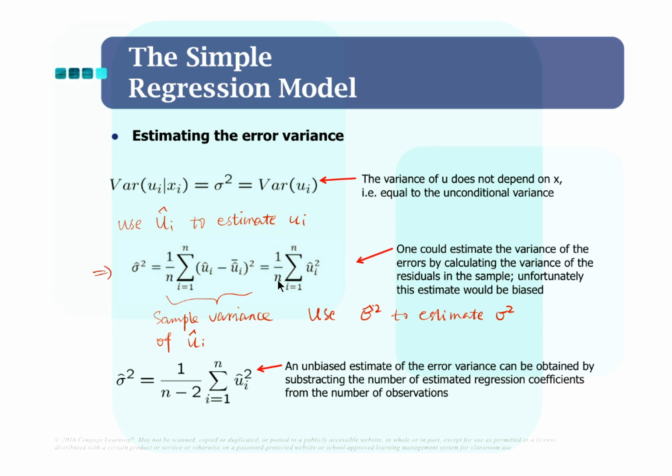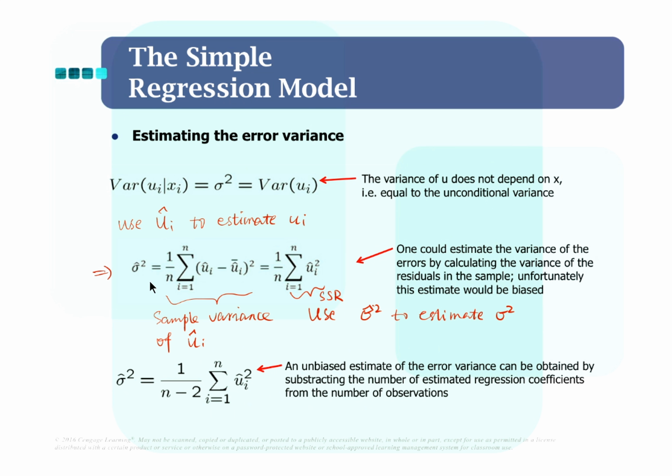Okay, one could use this one to estimate those variances. But if you still remember, this is SSR, the residual sum of squares. So we can use this to estimate sigma hat squared.